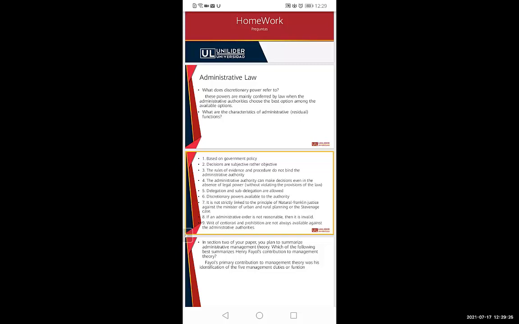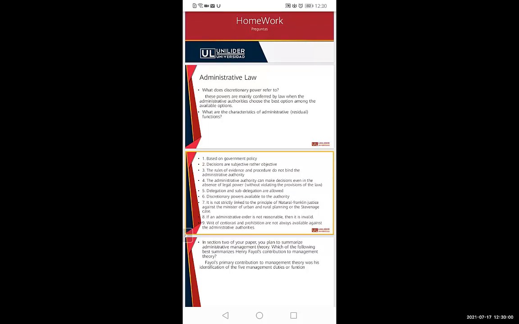Discretionary power is not to be confused with arbitrary power. The latter is precisely made up of action contrary to the law. Arbitrariness is contrary action or excess of the law.